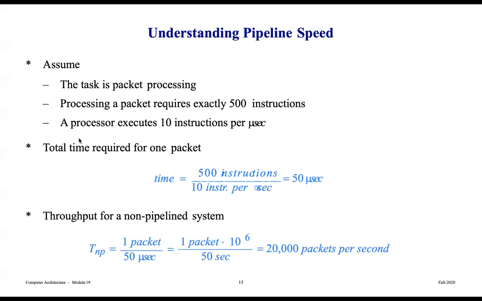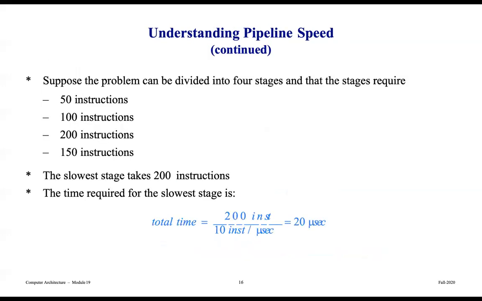And so the throughput for a non-pipeline system would be 20,000 packets per second. I'm not going to go through the math, but just try and have a higher level survey as we go through this.